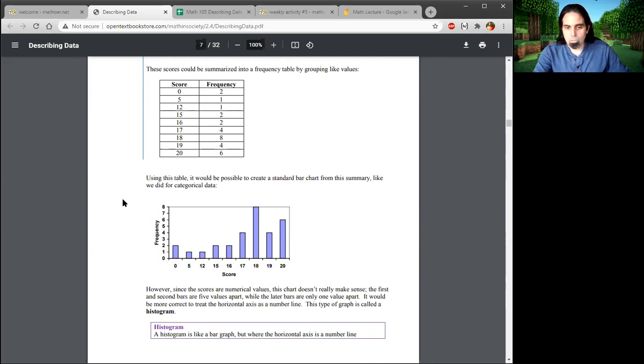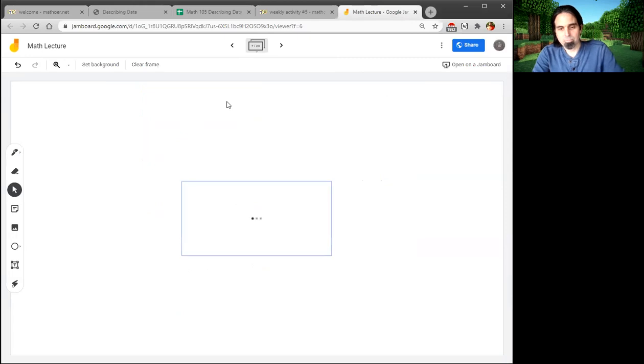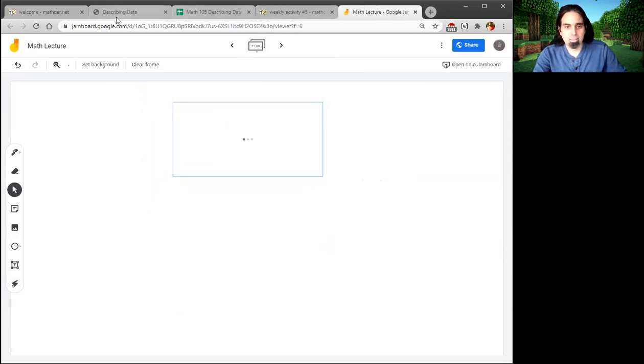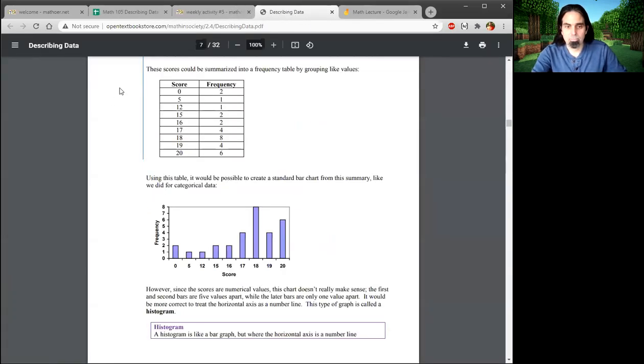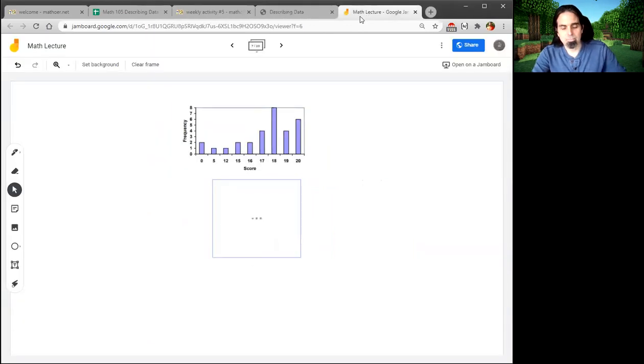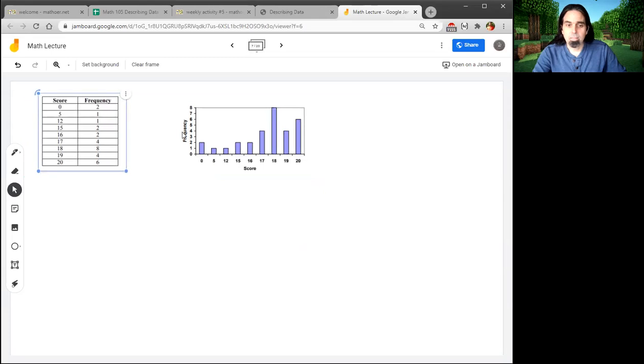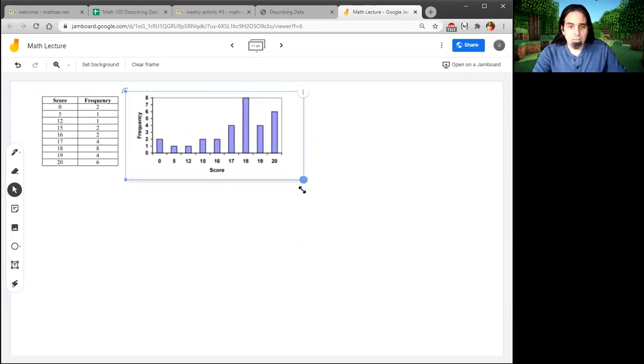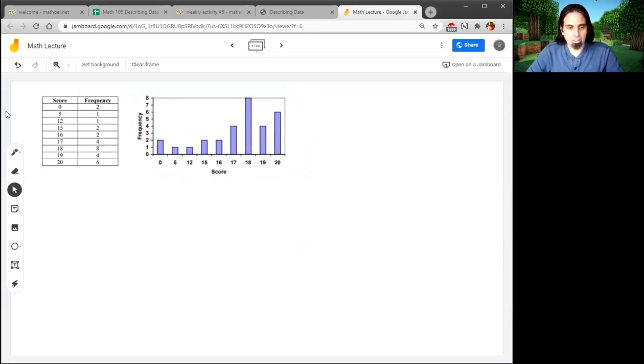In this chart, which I'll grab and move to the Jamboard, it doesn't really make sense that this gap is 5, this gap is 7, this gap is 3, and so on.